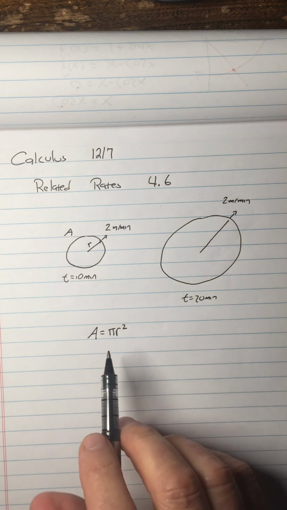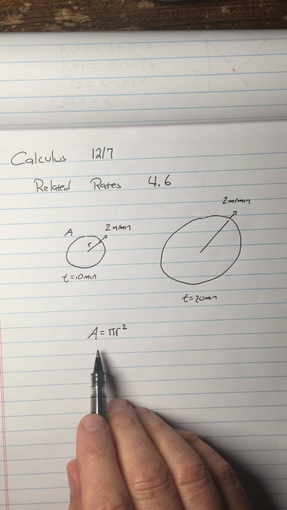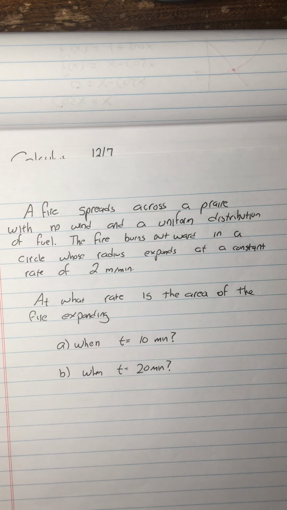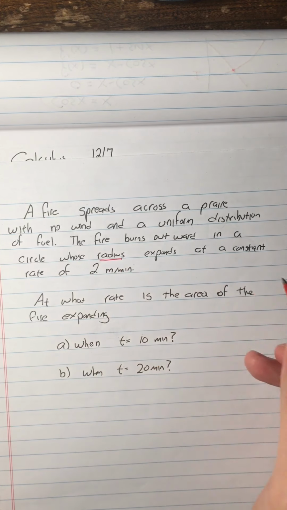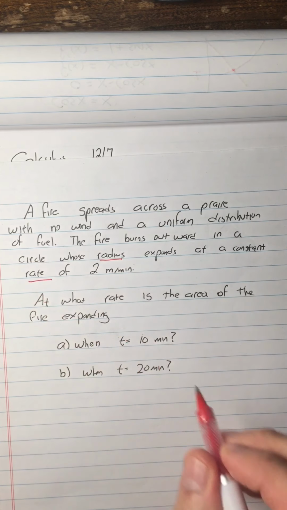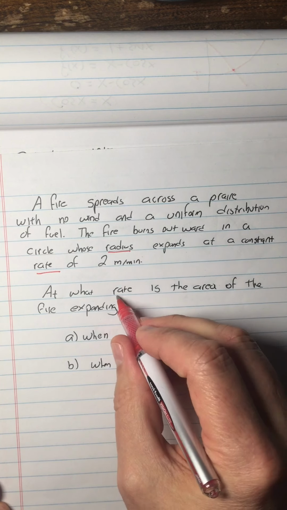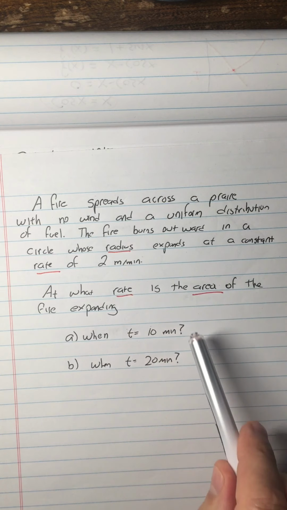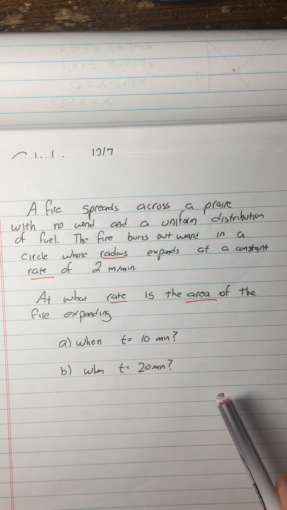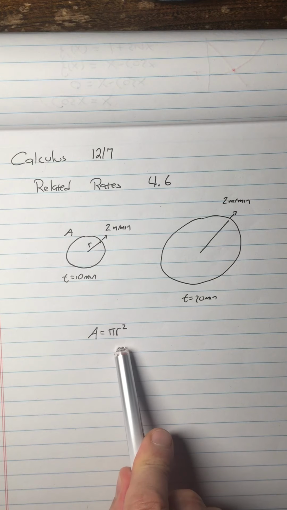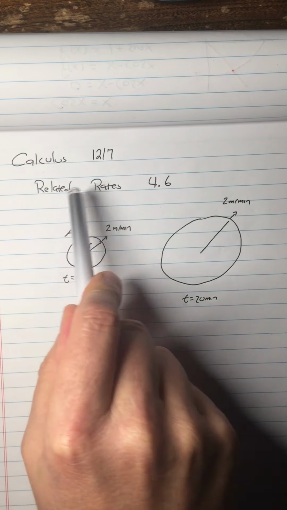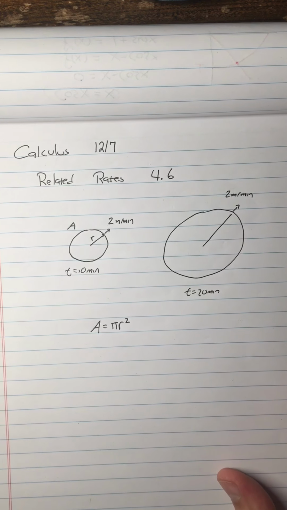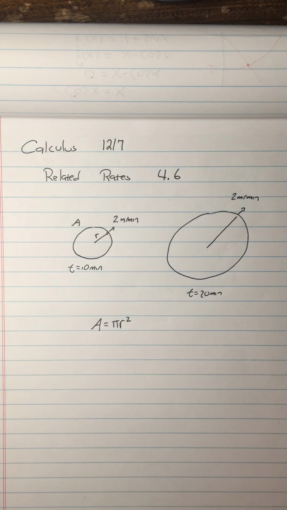Now, this is the relationship of two variables, but this question is really about when the radius expands at a certain rate, at what rate is the area expanding? So I'm comparing two rates of two variables that are related. Hence, related rates.